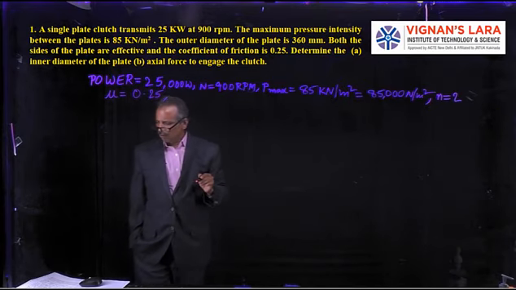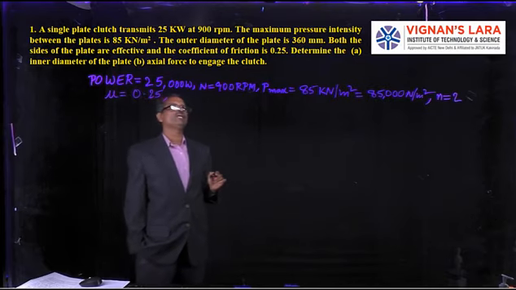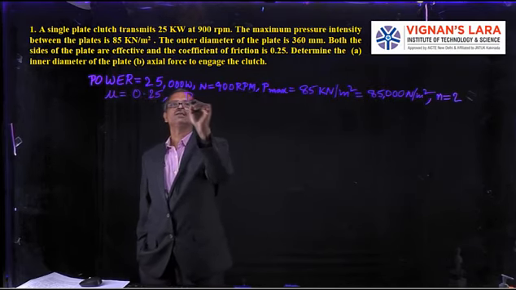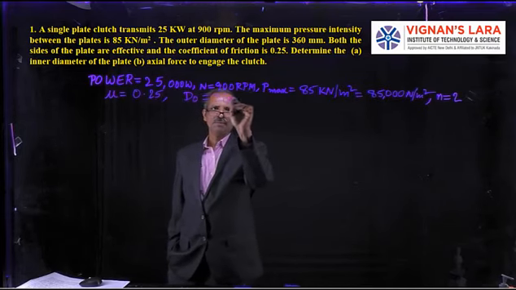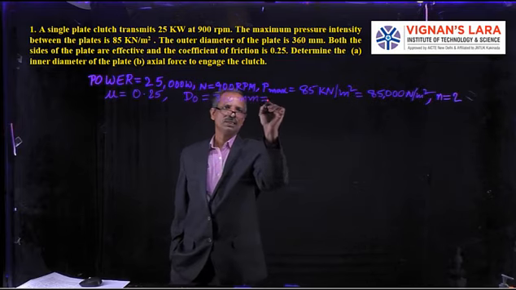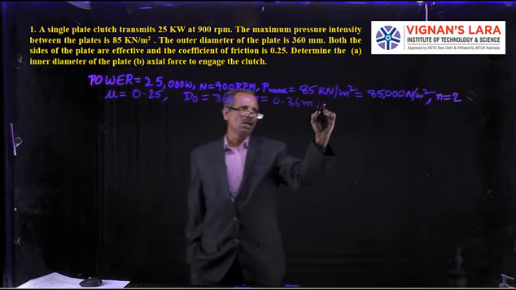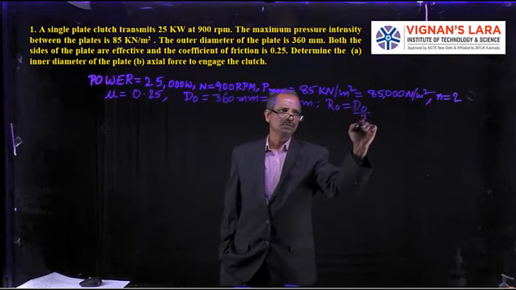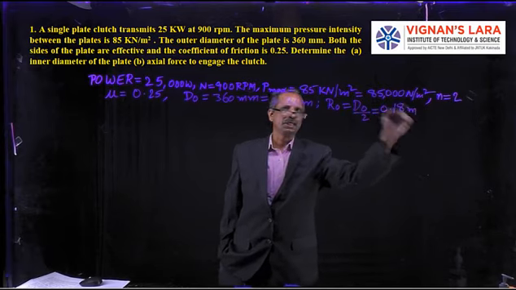What else is given? The outer diameter of the plate, D naught, is 360 mm, that is 0.36 meters, or R naught is D naught by 2, which is 0.18 meters.